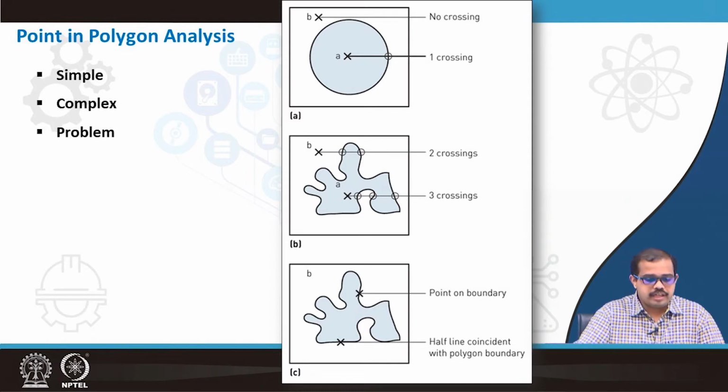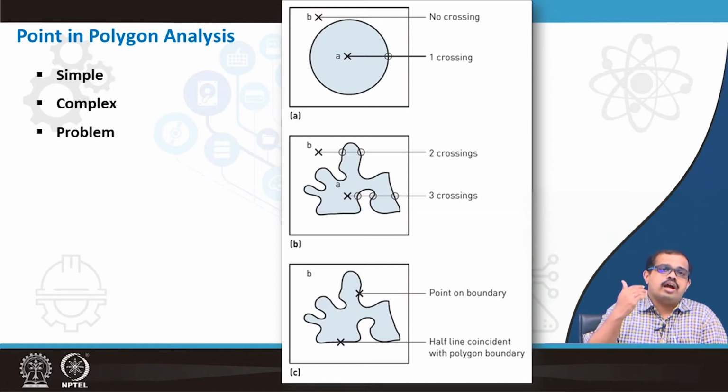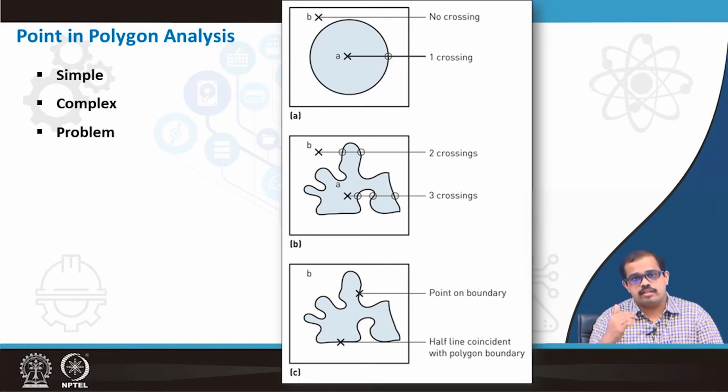But in complex cases, there may be a lot of crossings of a particular polygon. If you take a point B, there are 2 crossings, whereas a point A has 3 crossings, if you are trying to understand a cross sectional analysis in this study. That is how point in polygon analysis is done.